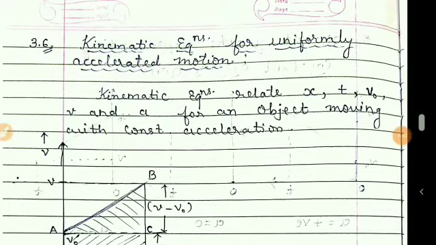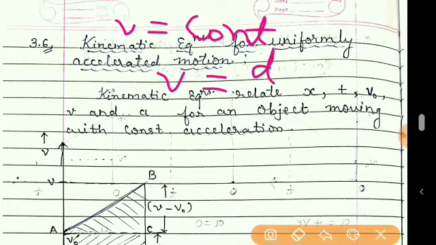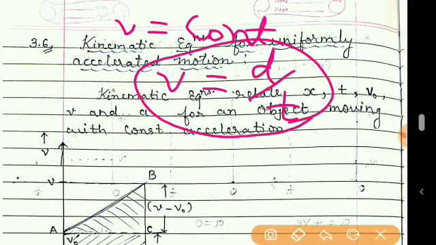Now students, if velocity is constant, then we use a simple formula. Velocity is distance or displacement upon time. This is the simple formula we generally use for velocity.